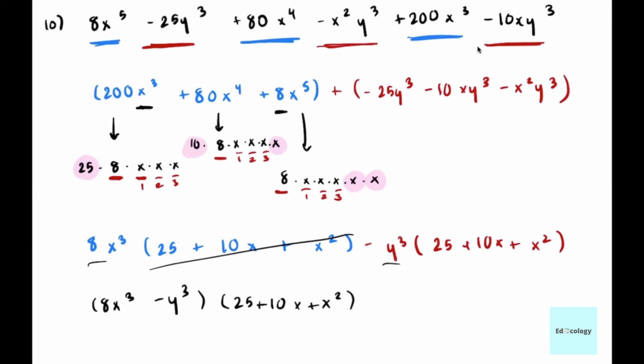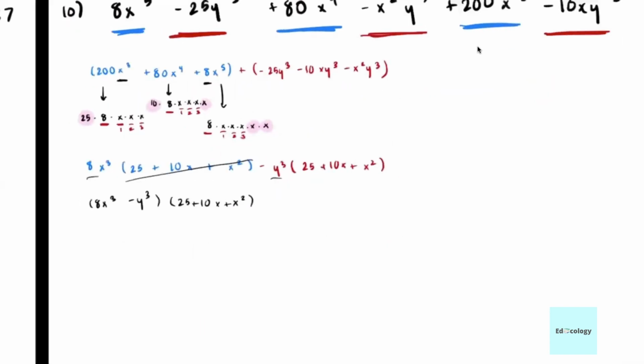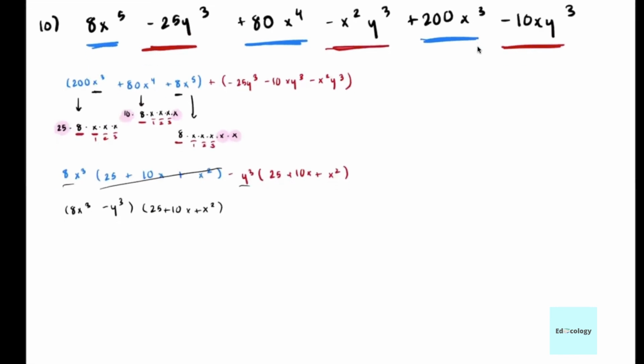No, because we have what looks similar to a cubed minus b cubed. So 8x cubed minus y cubed can be simplified into a minus b times a squared plus ab plus b squared.